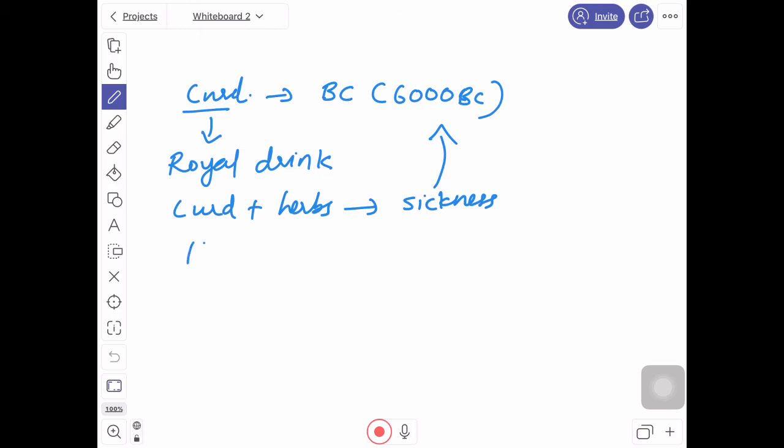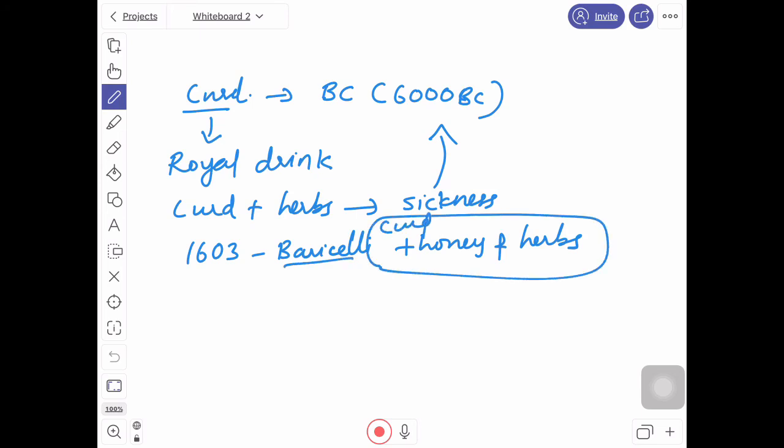In 1603, Baricelli reported the therapeutic use of cow's or goat's whey mixed with honey and herbs for treating various diseases. Illnesses like jaundice, infected skin lesions, urinary tract infection, curd plus honey and herbs are used as medicines.